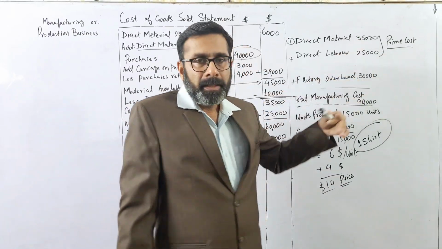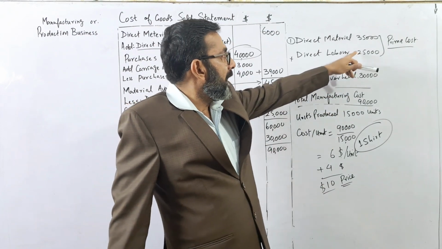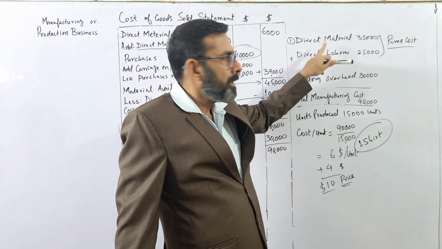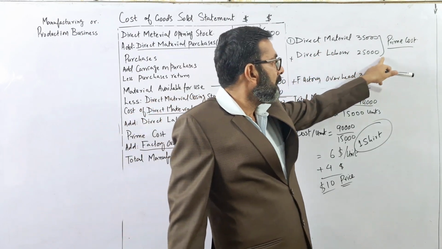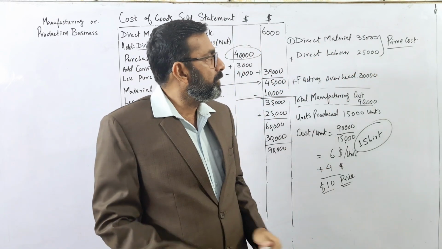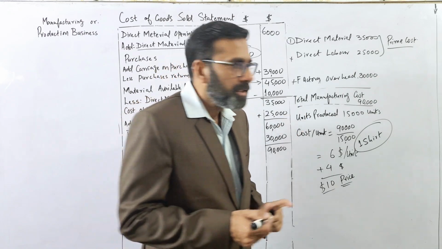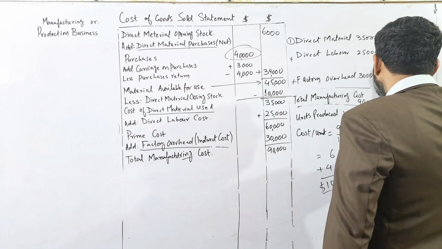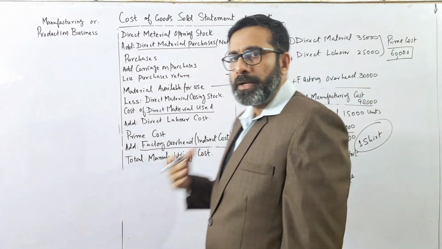In that concept, 35,000 is the material cost and 25,000 is the cost of the labor. If we add these two, it will be 60,000. This is the prime cost.